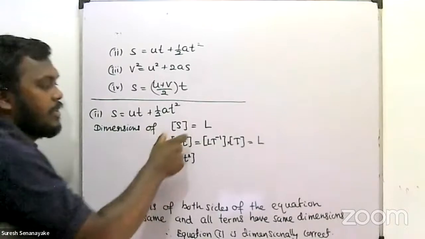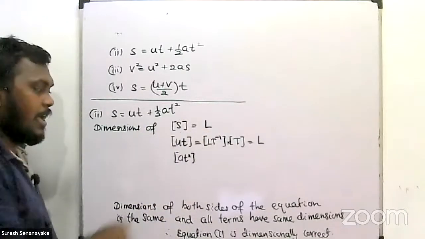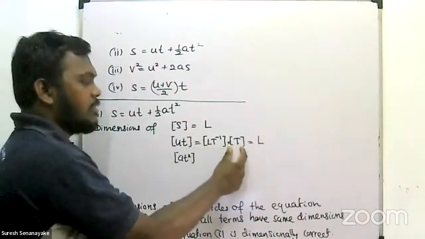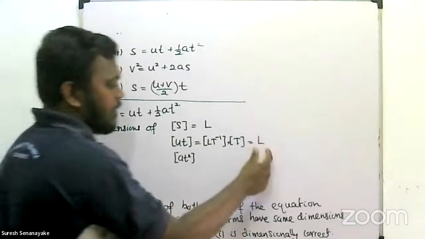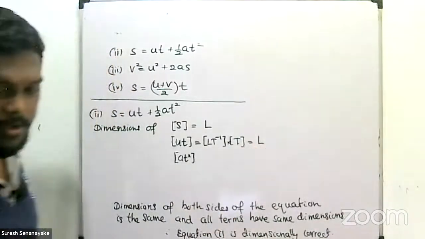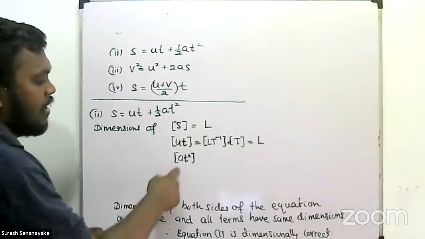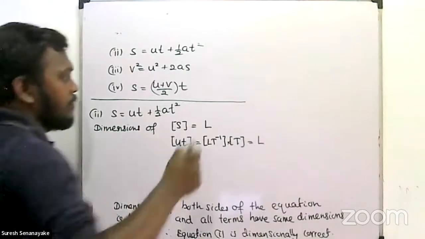Right? This has a dimension of length because it's the displacement. And the ut term: u is velocity, and it's multiplied by the dimension of time. By simplifying, we can say that is also similar to the at square term here. This half we don't need to take, right?